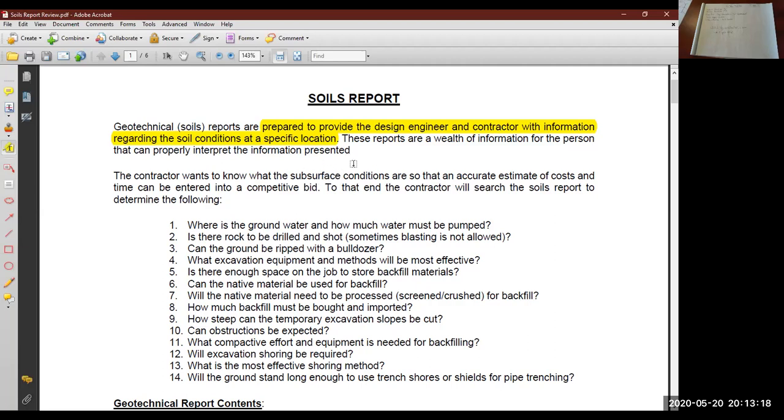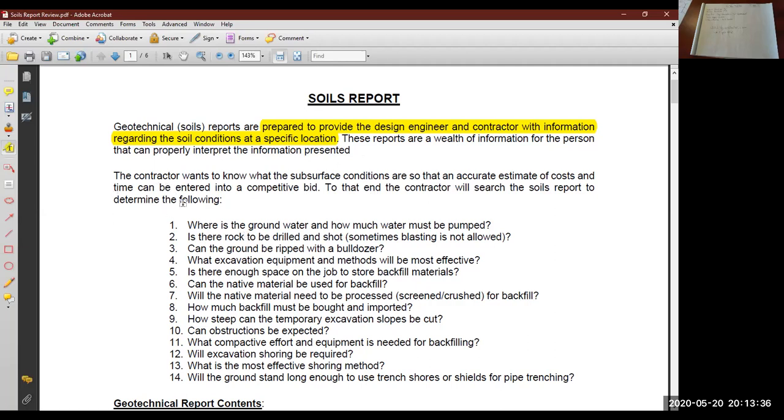Structural engineers will use the soils report, things like that. These reports are a wealth of information for the person that can properly interpret the information that's presented.